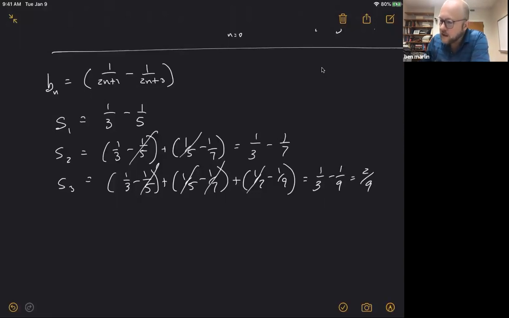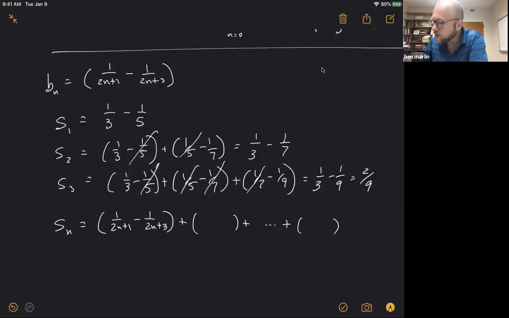So in a more general way, your Sn is going to have this 1 over 2n plus 1 minus 1 over 2n plus 3 plus, and I am going to be a little bit lazy with this and just write the last two terms. So the last term would have the n in it, 1 over 2n plus 1 minus 1 over 2n plus 3. The next to last term we know would have the 1 over 2n plus 1 as a minus.